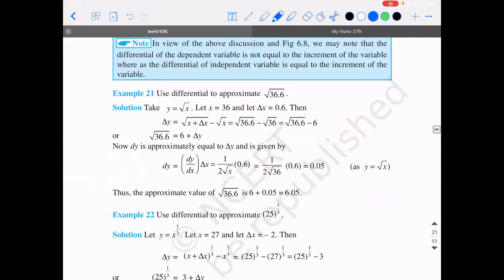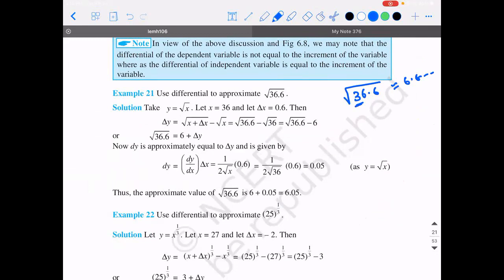See, if I ask you what is the square root of 36.6, what will you say? If I ask you to guess it, it is 6 point something. How did you know it is 6 point something? It is because the square root of 36 is 6.